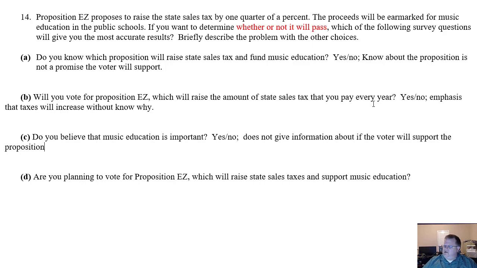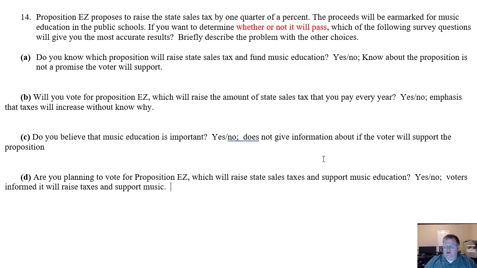Okay, so I really hope this last one is a good one because the other three are not looking too hot for me. Are you planning to vote for Proposition EZ, which will raise state sales taxes and support music education? Okay, so we have a yes/no question, and voters are informed it will raise taxes and support music. So this is the most fair question.